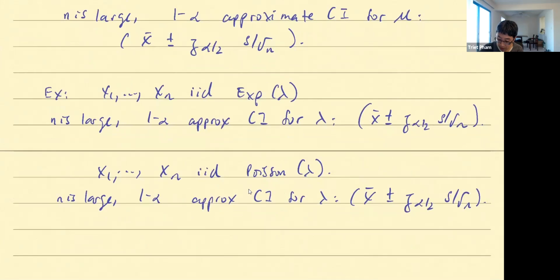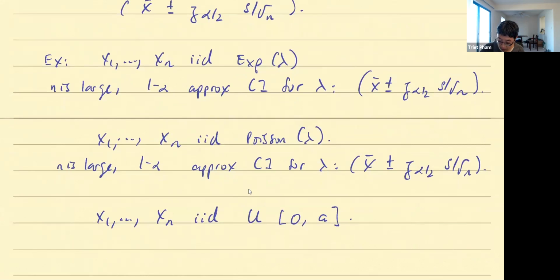To show you something slightly different, for example, if X1, Xn are IID uniform 0 to a, and n is large, what's my 1 minus alpha approximate confidence interval for a?